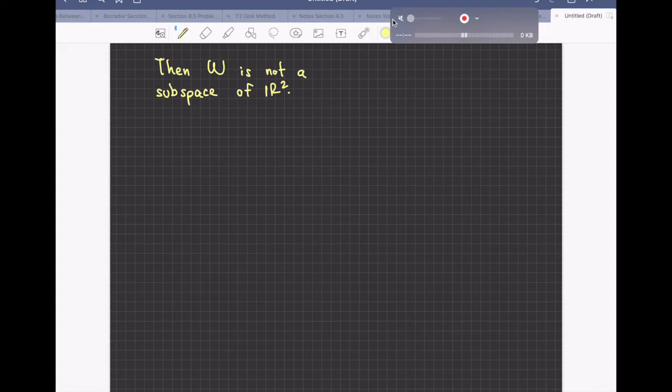Not a subspace. So it's enough to show that one property fails. Okay? But if you want to prove that this subset is a subspace, you have to show that the three properties are true. So be careful with that.